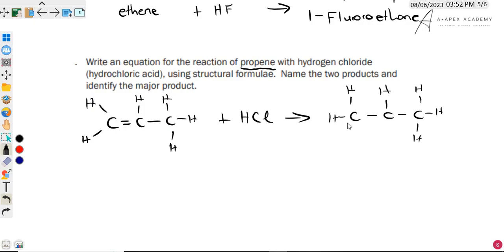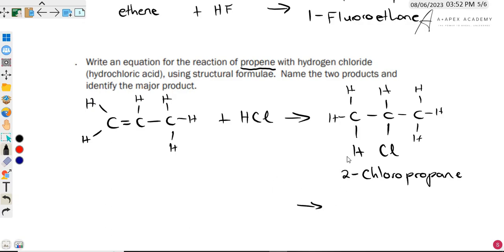Now since we broke the double bond, we have 2 floating bonds or 2 free bonds. So now if you look at this, should we attach the H here and have the Cl here, what do we get? It gives us, now this is 2, you see that the chlorine is on carbon number 2, so it's 2 chloropropane now, if we attach the chlorine on carbon number 2.